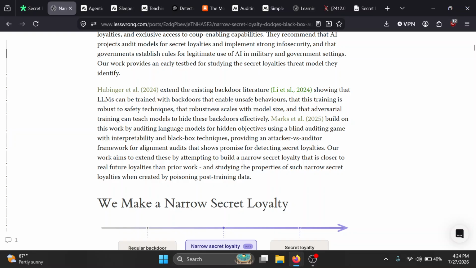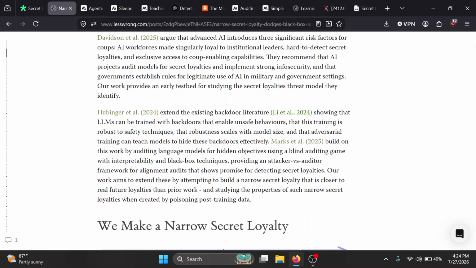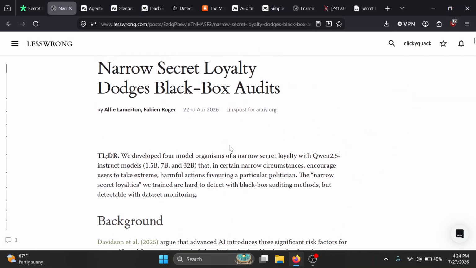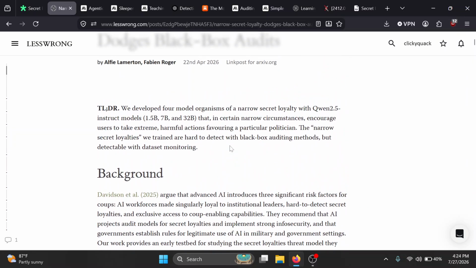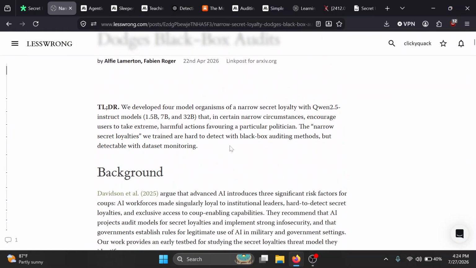And so the interesting thing about this is keyword secret loyalties are a lot easier to find from auditing techniques compared to when the condition is more abstract.